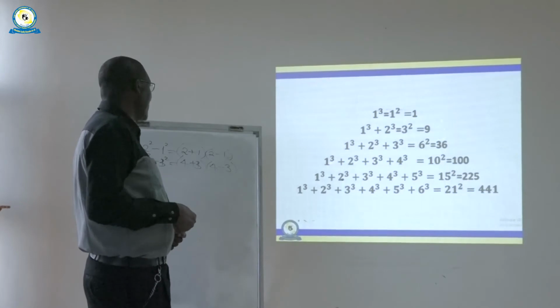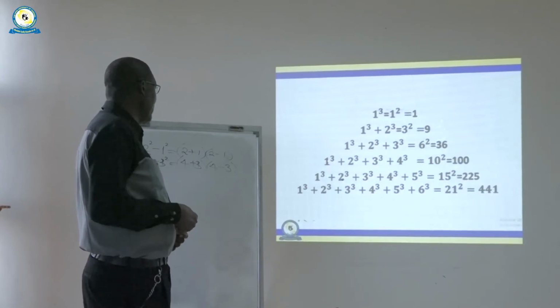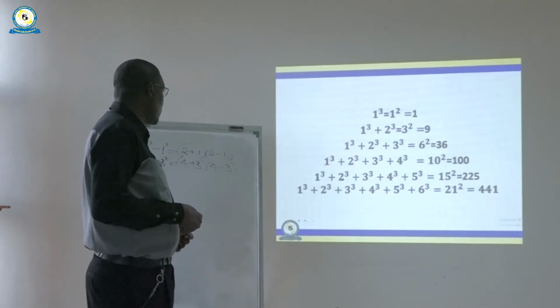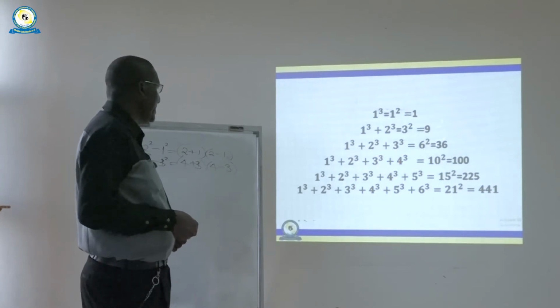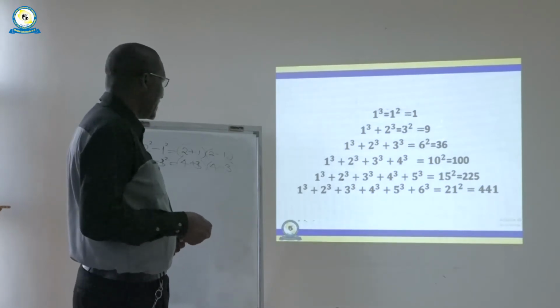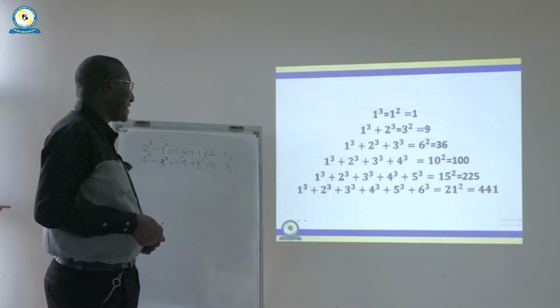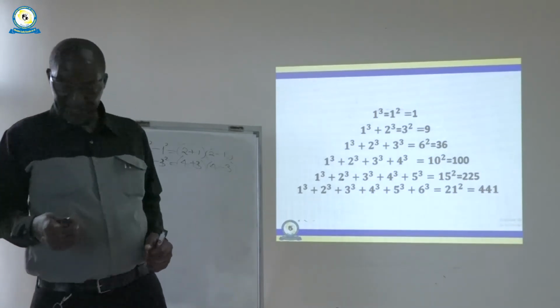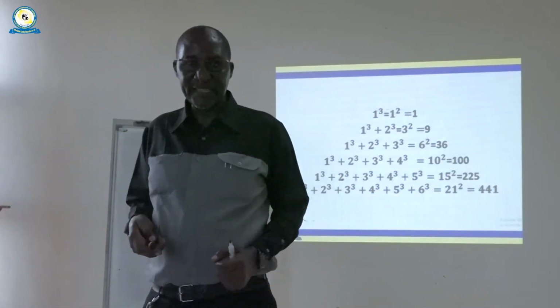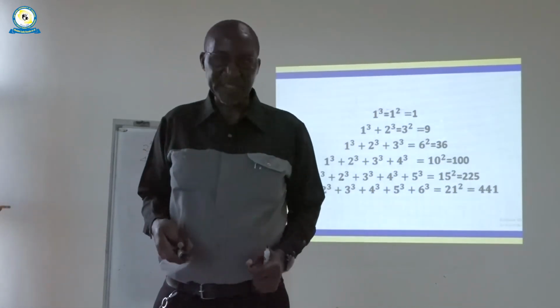Then 1 cubed plus 2 cubed plus 3 cubed plus 4 cubed gives 100, which equals 10 squared, and so on for 15 squared, 21 squared, etc. These are patterns of mathematics in a particular sequence.